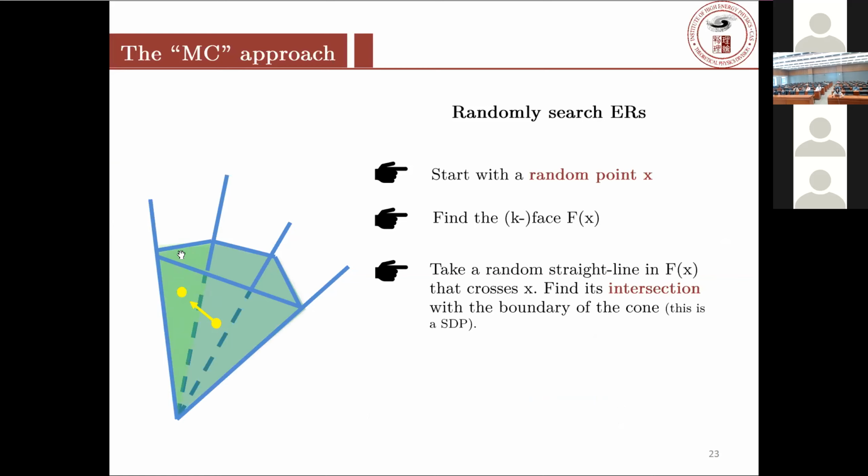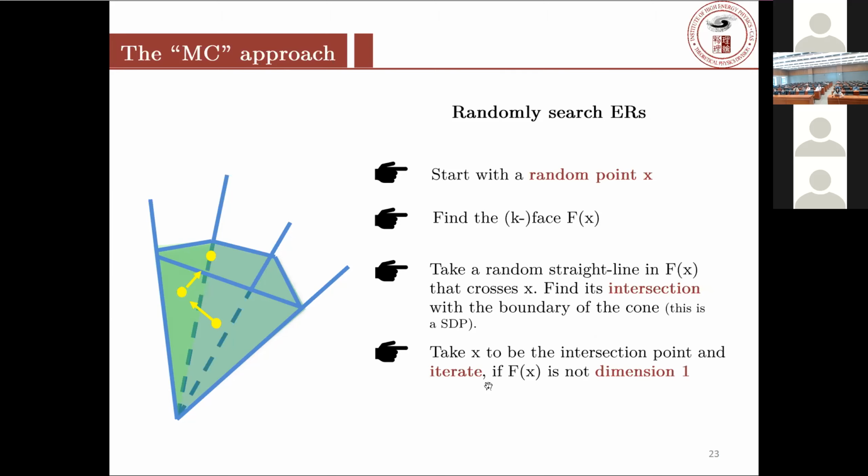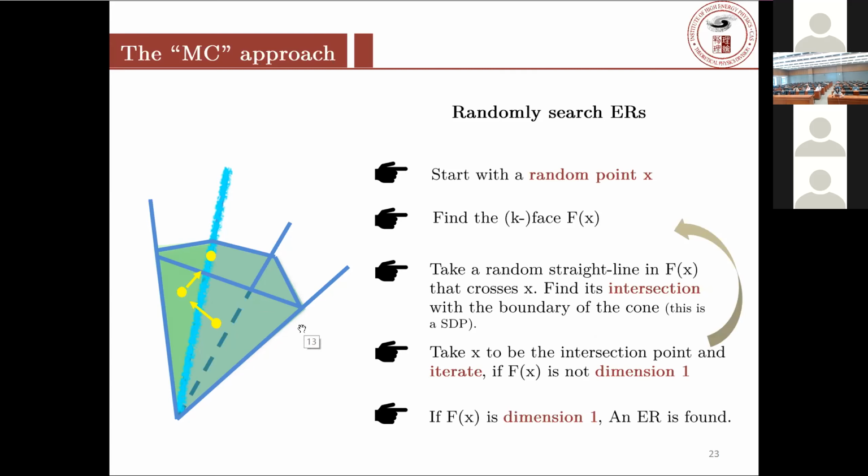If the new phase containing the new point is not dimension 1, then we need to iterate and go back to step 2. But if the new phase is dimension 1, then we say we have found an extreme ray. If the bounds are finite, then we can take a large enough number of random points to get all the bounds. But if the bounds are not finite, then we can at least get a set of Monte Carlo samples.